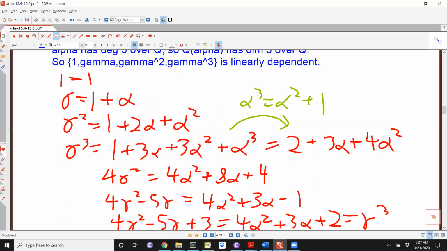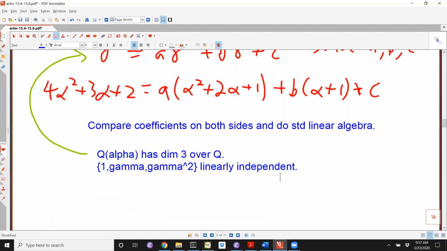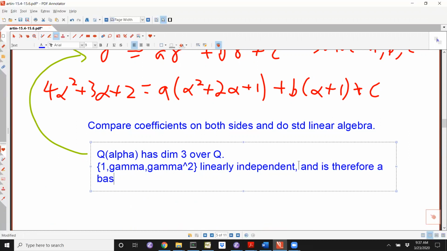Because 1, alpha, alpha squared is linearly independent, that implies 1, gamma, gamma squared is independent, and is therefore a basis for Q of alpha over Q.